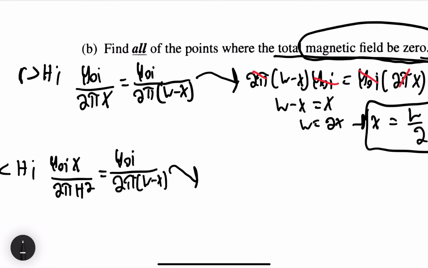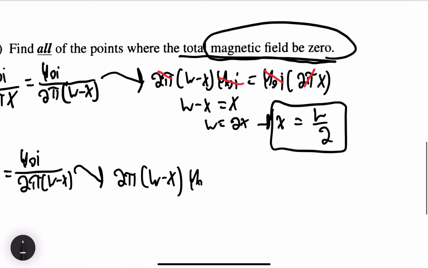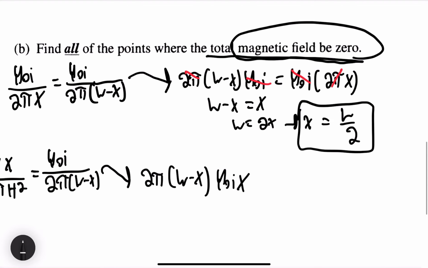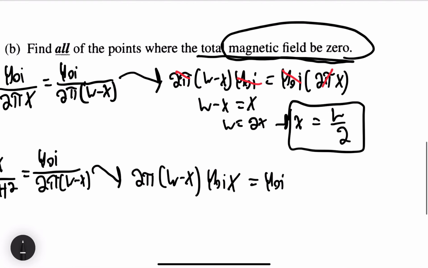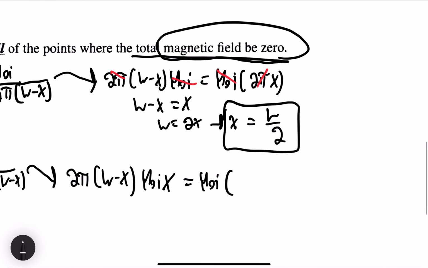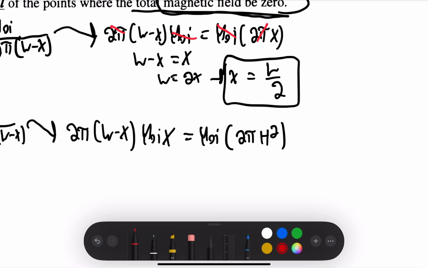So I'm going to cross multiply again. So 2 pi w minus x times mu naught I x is equal to mu naught I, and then 2 pi h squared. So again, see what cancels out. 2 pi's cancel, mu naught I cancels. So we're left with, let me just distribute this.